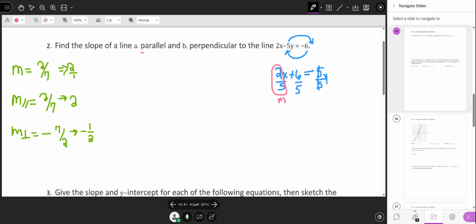So my parallel slope is 2/5. Then my perpendicular slope is the opposite sign and flip the fraction over.